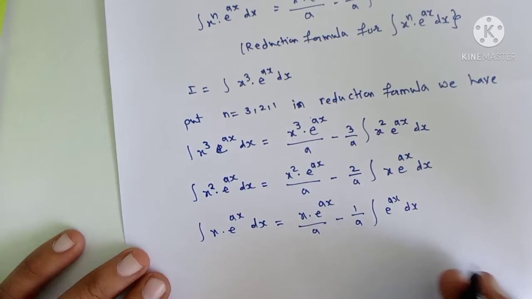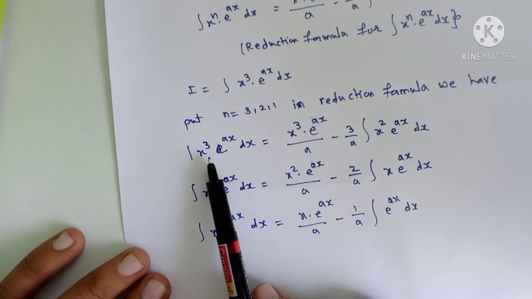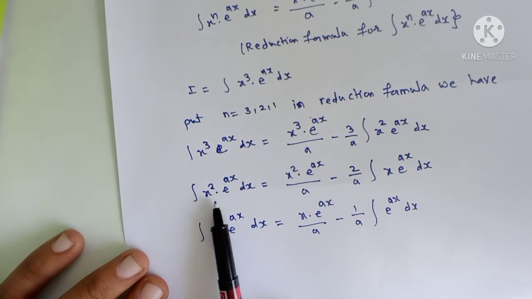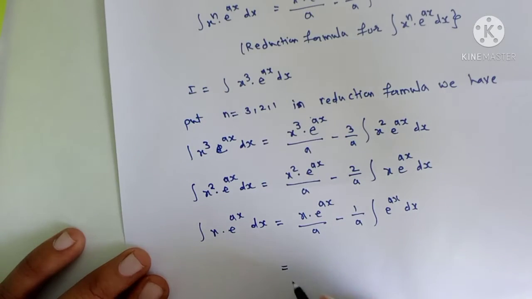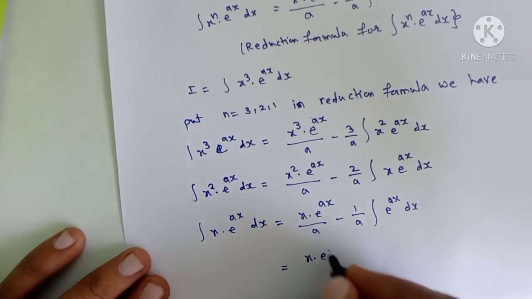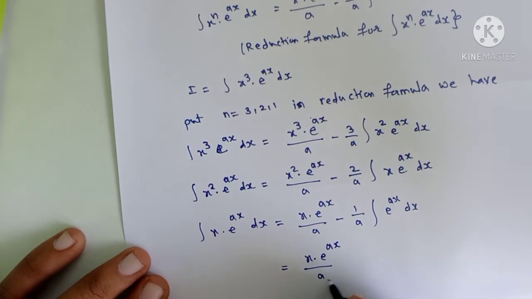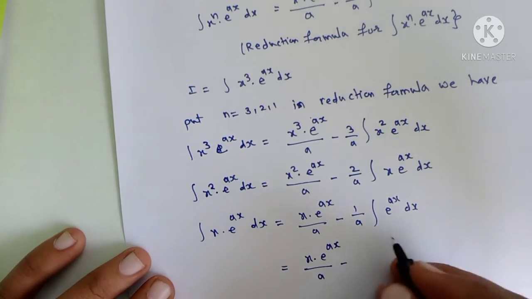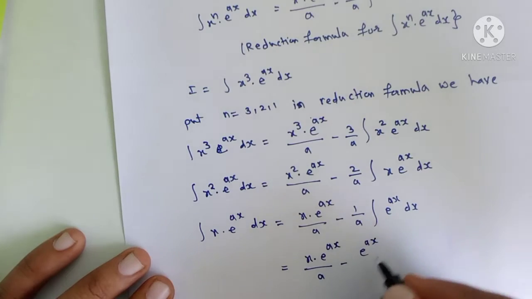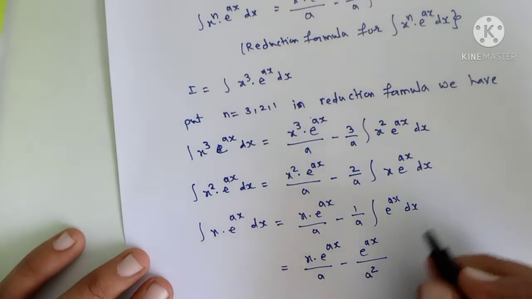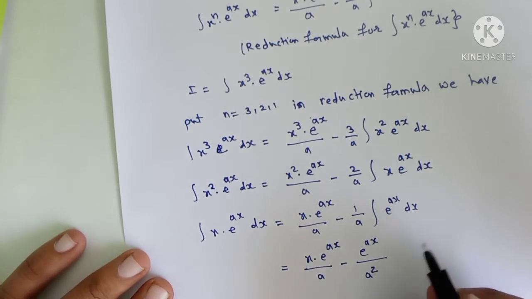Now we have the values of the integrations of x cube into e raised to ax, x square into e raised to ax, and x into e raised to ax. So let us solve this. It will be equal to x into e raised to ax divided by a minus e raised to ax divided by a square, because the integration of e raised to ax is equal to e raised to ax divided by a.